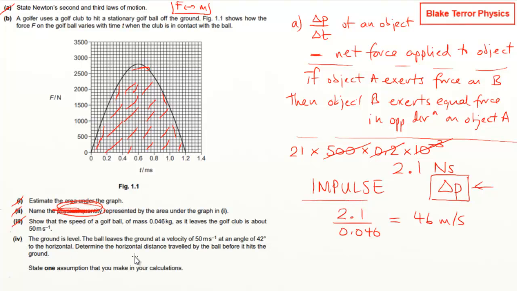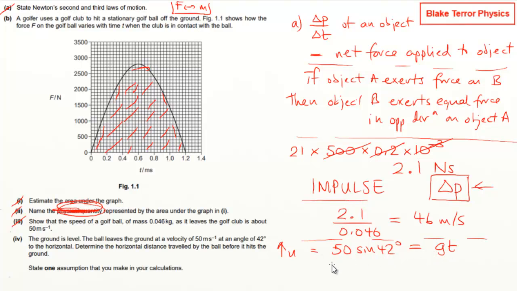The ground is level. The ball leaves the ground at a velocity of 50 meters per second at an angle of 42 degrees to the horizontal. Determine the horizontal distance traveled by the ball. So we need the time of flight. The initial vertical component of the velocity is 50 sine of 42 degrees, and we need that to drop down to 0. So we need that change in velocity, which is going to be our acceleration multiplied by time, because change in velocity is the accumulation of the acceleration.